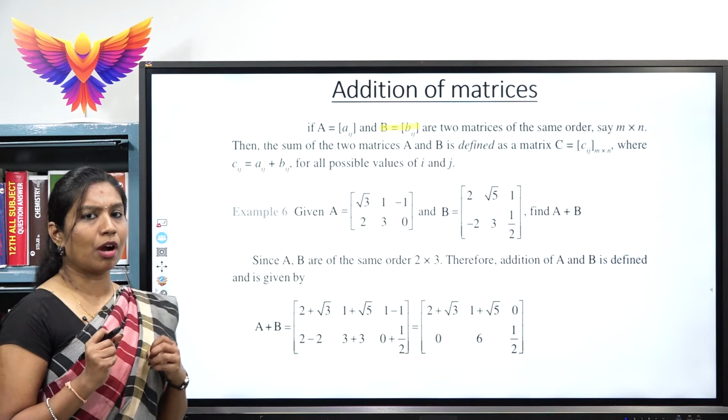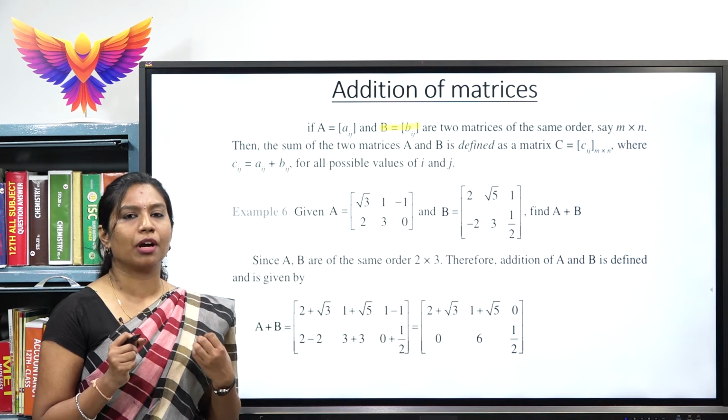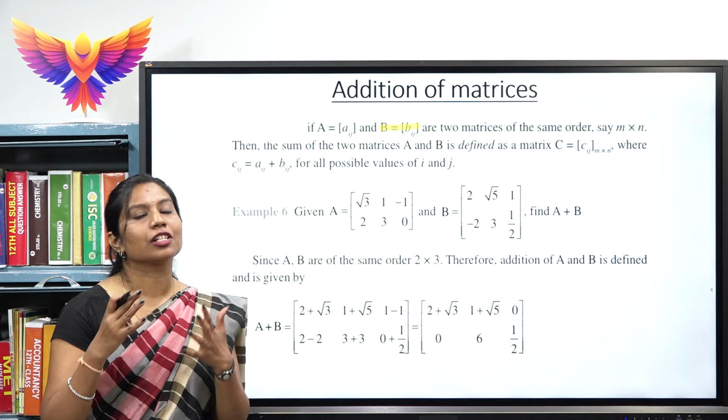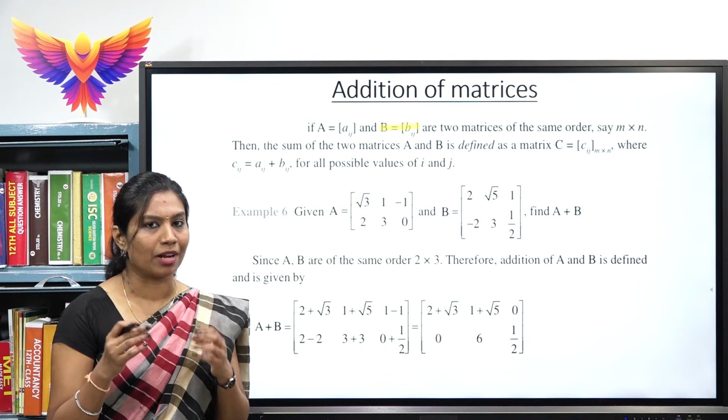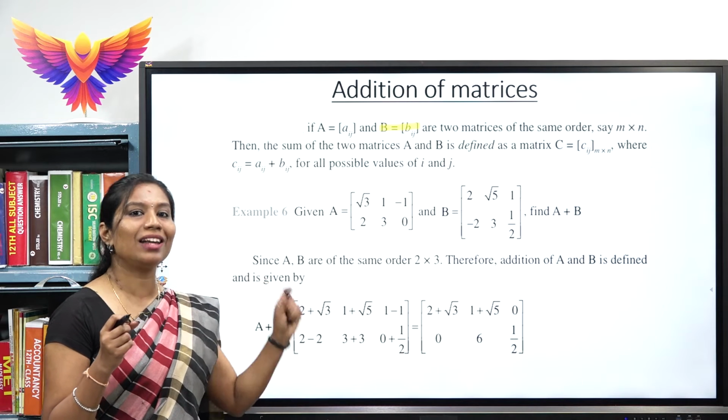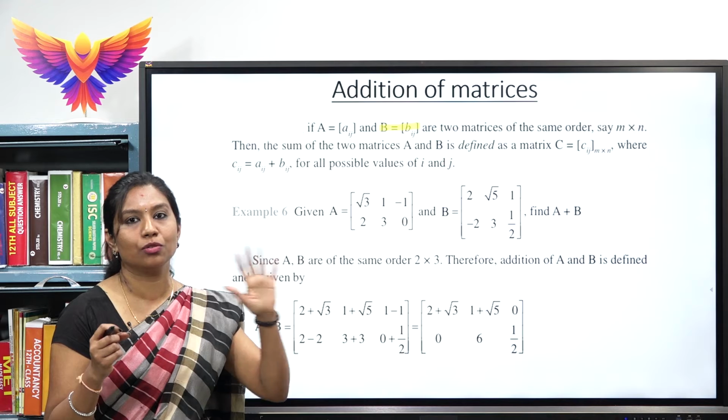We have also learnt about equal matrices, and how to equate the corresponding elements of two different matrices. In a similar way, we are going to add the corresponding elements of the two matrices here.